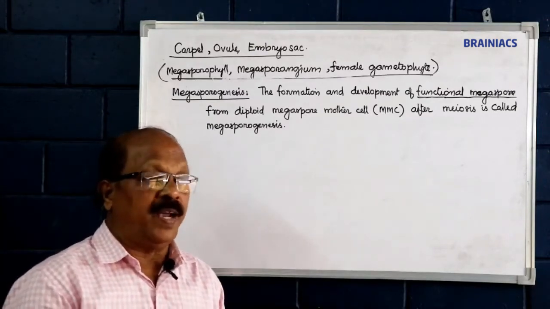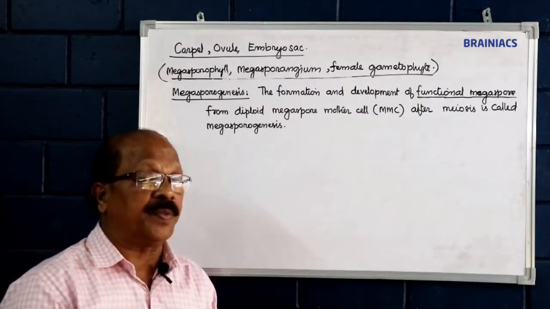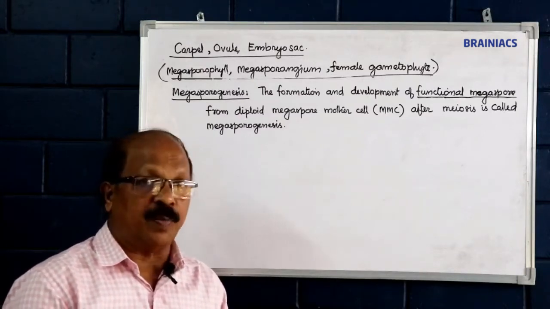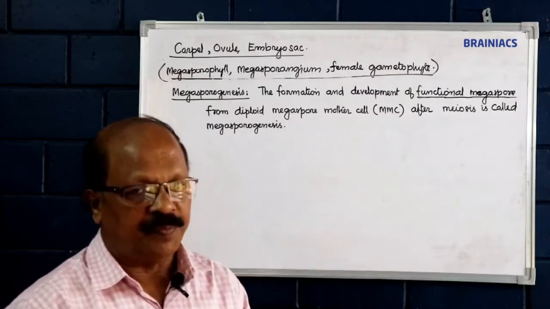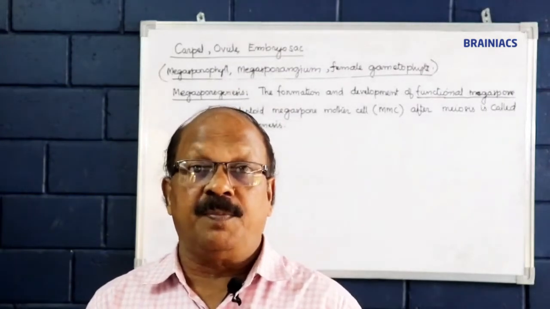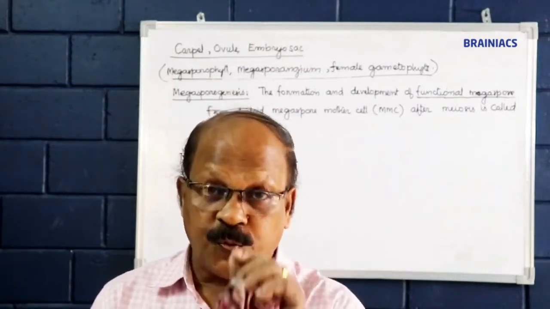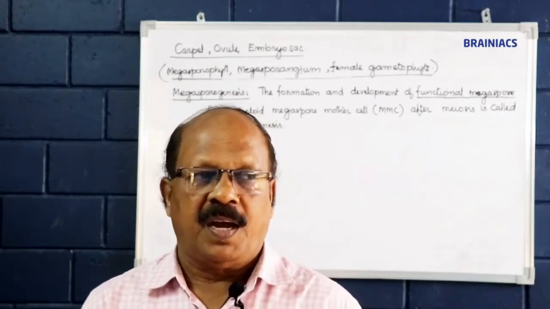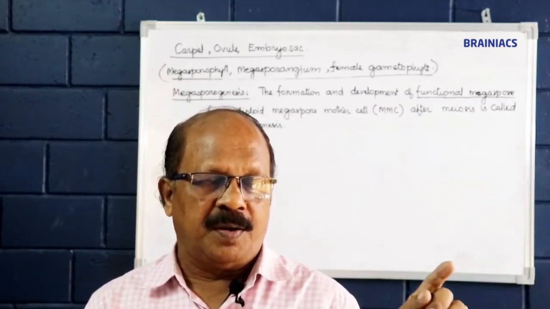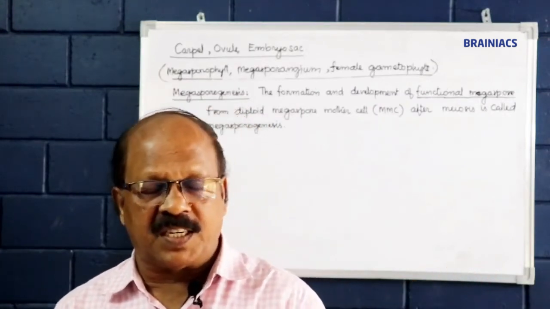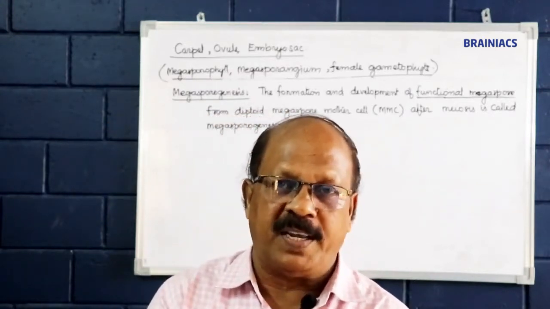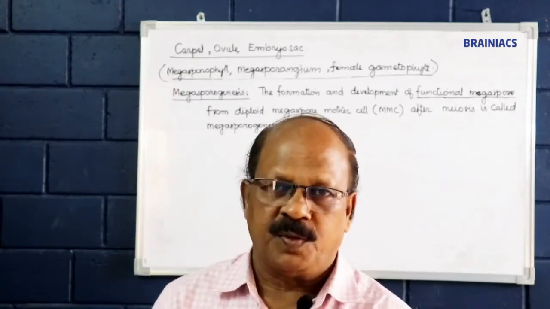The formation and development of microspore from microspore mother or pollen mother cells after meiosis is called microsporogenesis. The resultant product of megasporogenesis is the functional megaspore, while microsporogenesis results in the formation of microspores or pollen grains.